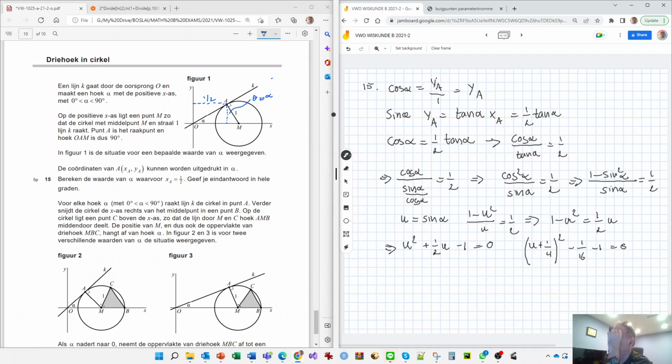So actually this is not super pretty. I get (u + 1/4)² = 17/16, or u is 1/4 plus or minus the square root of 17 divided by 16.